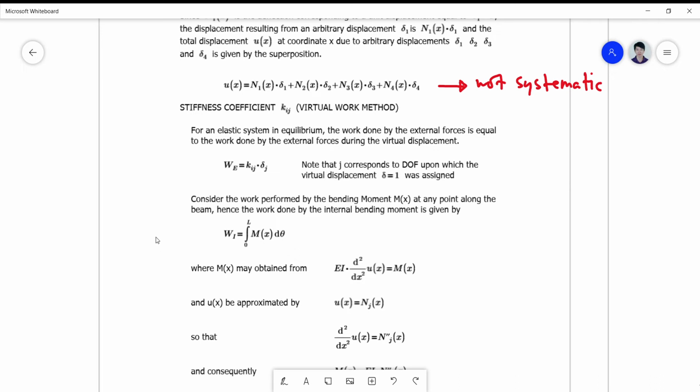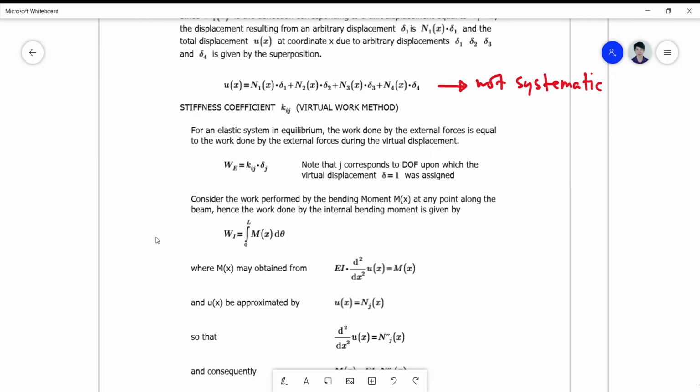Okay, so let's move over now to a more systematic approach to determining the stiffness coefficient Kij of a system or a structure. And I'm going to use the virtual work method to deal with this.